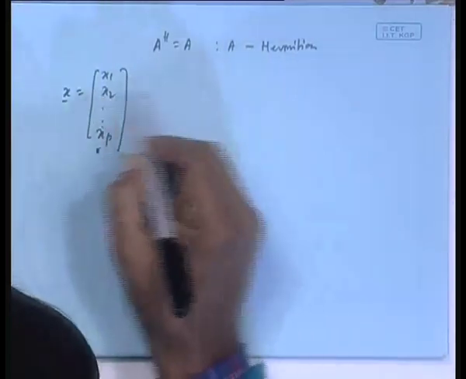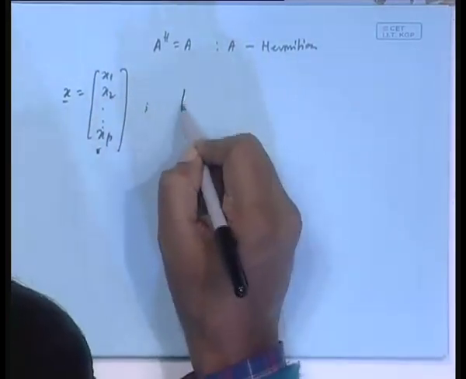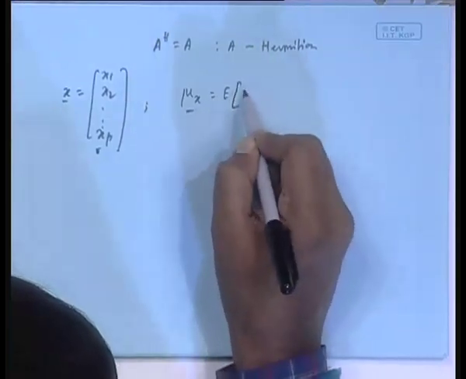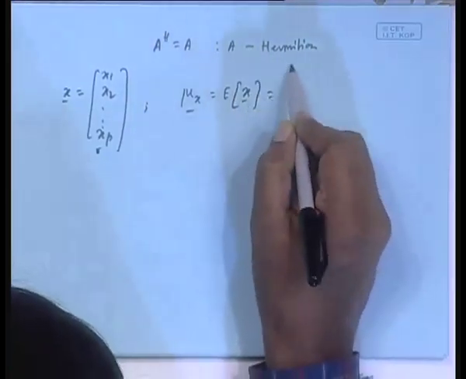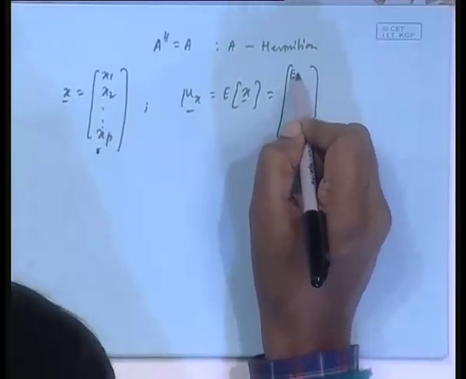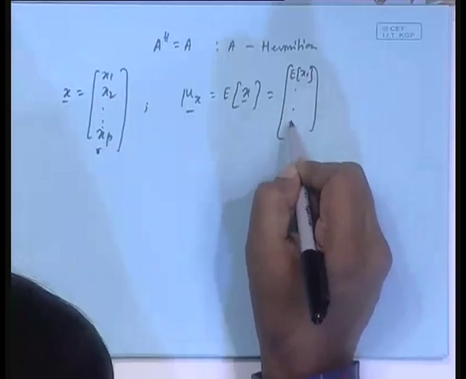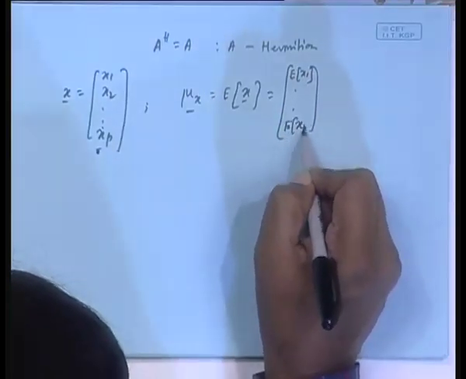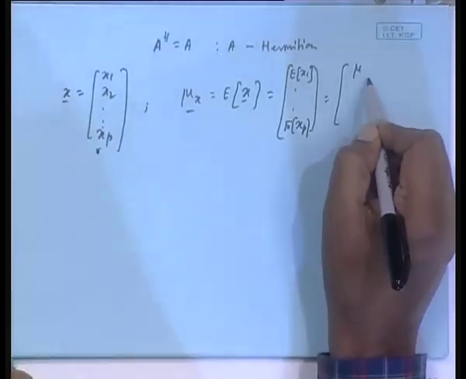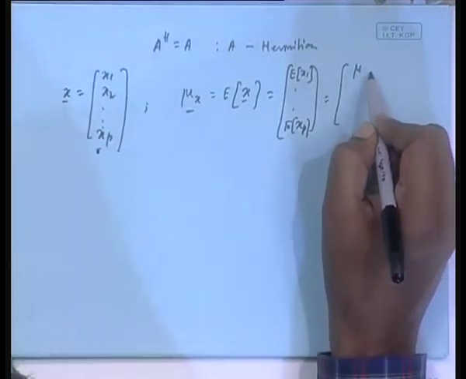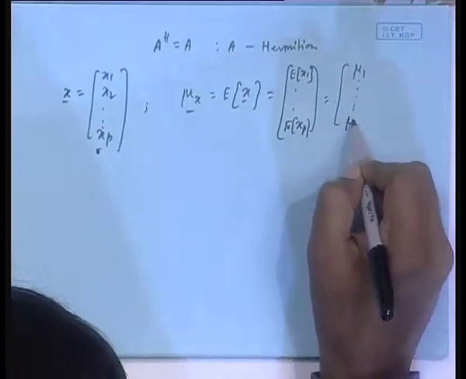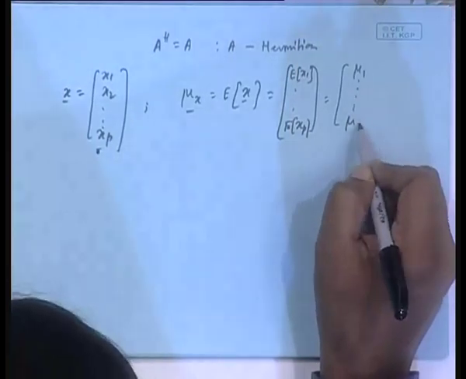Okay. And then there is a mean vector, E of x. E of x means a vector like this, where you have E of x1, dot dot dot, E of xp. We can even write it as mu 1, dot dot dot, mu p. Yesterday I called it mu x1; let me call it mu 1 because there is no other thing.